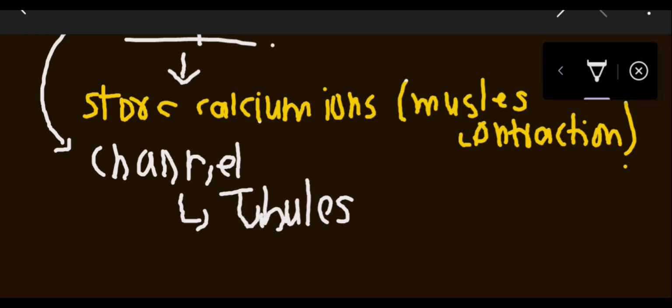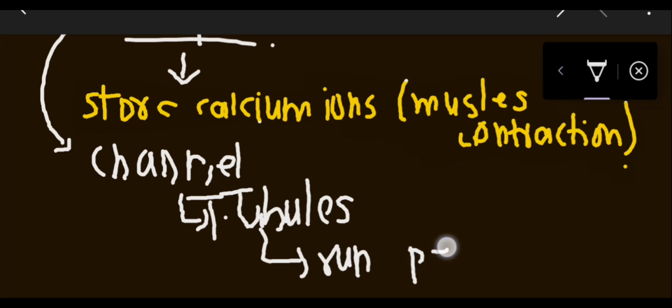Okay, sorry, not tubules, these are T tubules basically. Now these T tubules run perpendicular to the sarcoplasmic reticulum. ये ट्यूब्यूल्स present हैं perpendicular direction में sarcoplasmic reticulum के.